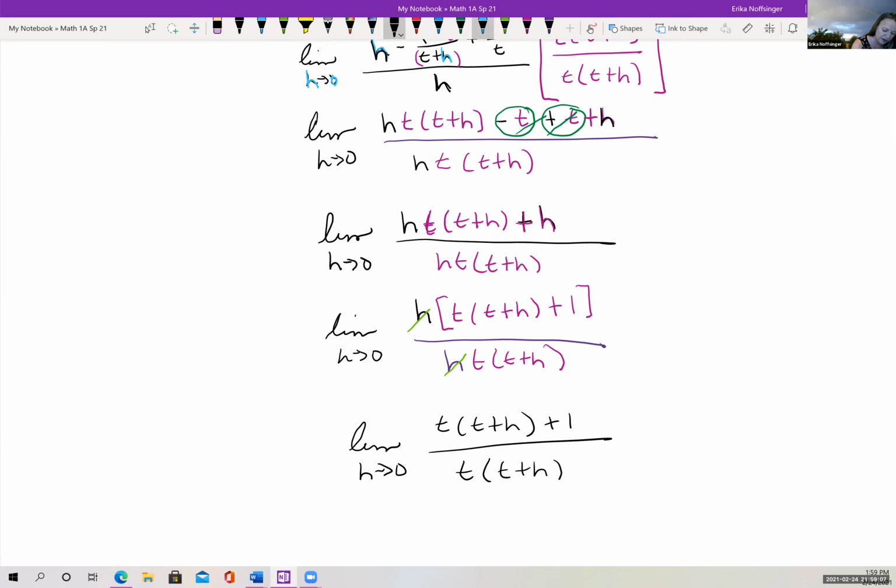Wherever we see an h, we're going to replace it with 0. If we did that, we have t times t, or t squared, plus 1, all over, in the denominator, this h goes to 0, so we're just left with t times t, which is t squared.